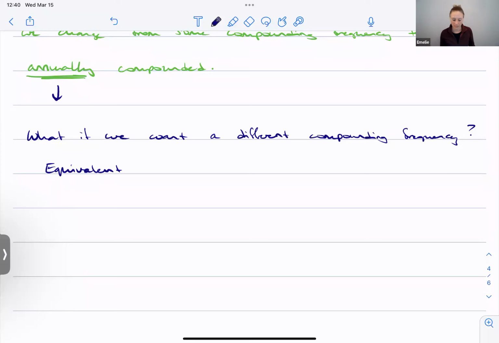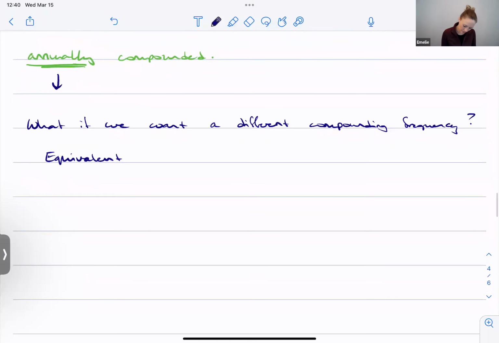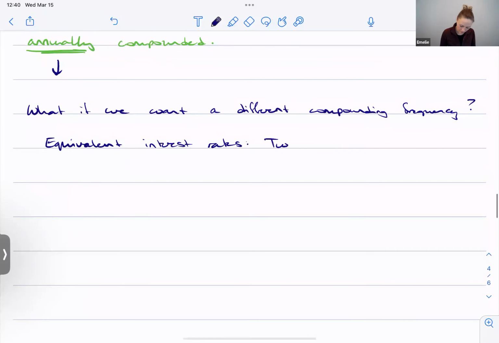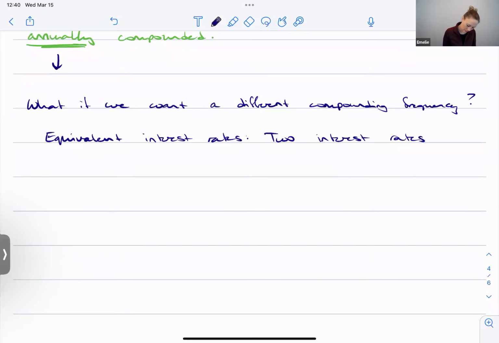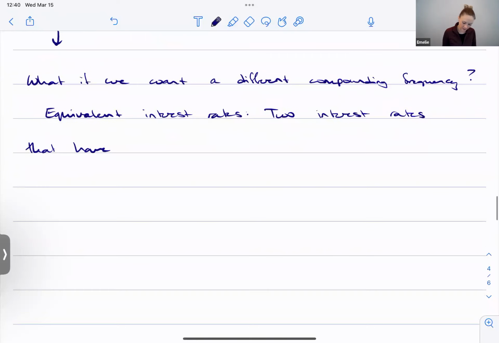So technically, equivalent interest rates are two interest rates that have the same effective rate.